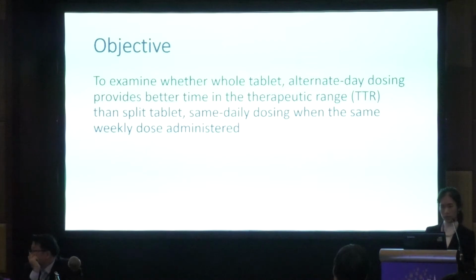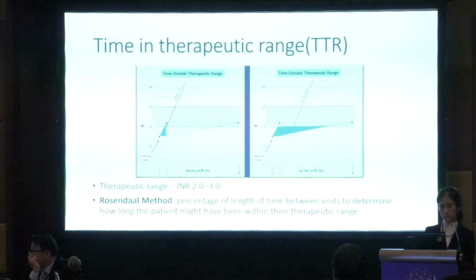This study was designed to examine the efficacy and effectiveness of warfarin prescription with tablet splitting and alternate day whole tablet, whether it's better to have no drug loss from tablet splitting. The outcome of interest is TTR, or time in therapeutic range, that is widely used to measure the quality of warfarin therapy.